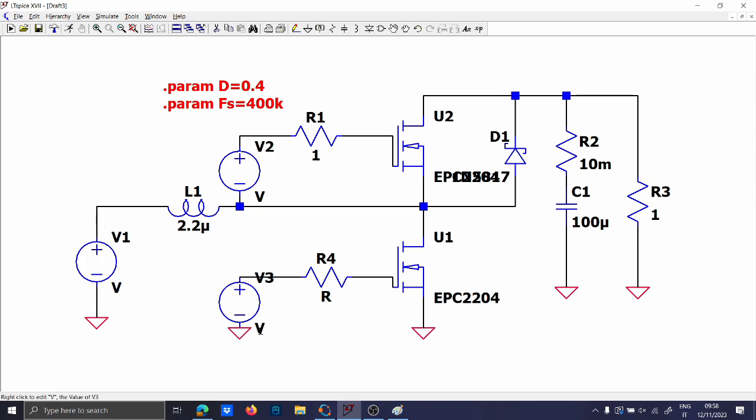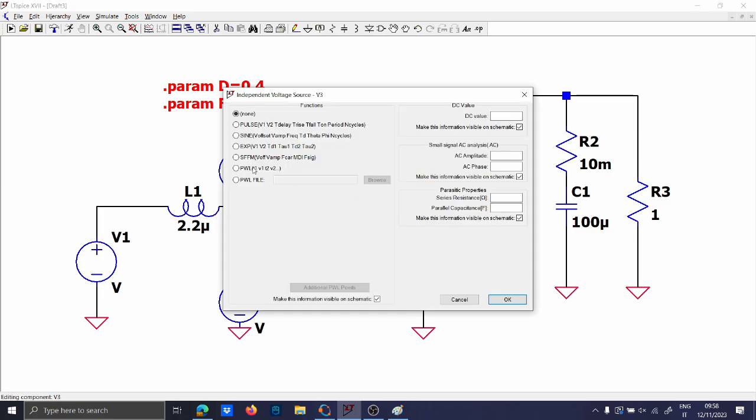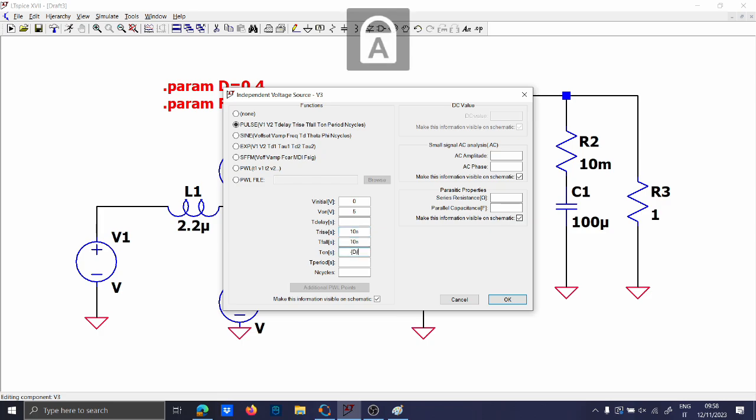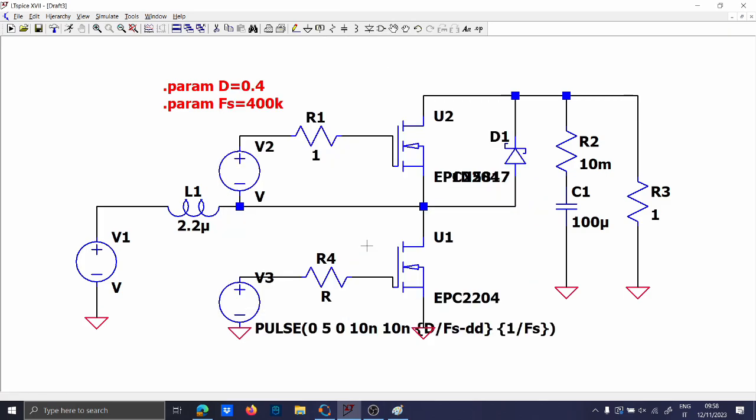And let's just put the classical pulse between 0 and 5 volts, rise time of 10 nano, fall time of 10 nano, and d over fs here, and 1 over fs. Let's subtract the dead time.